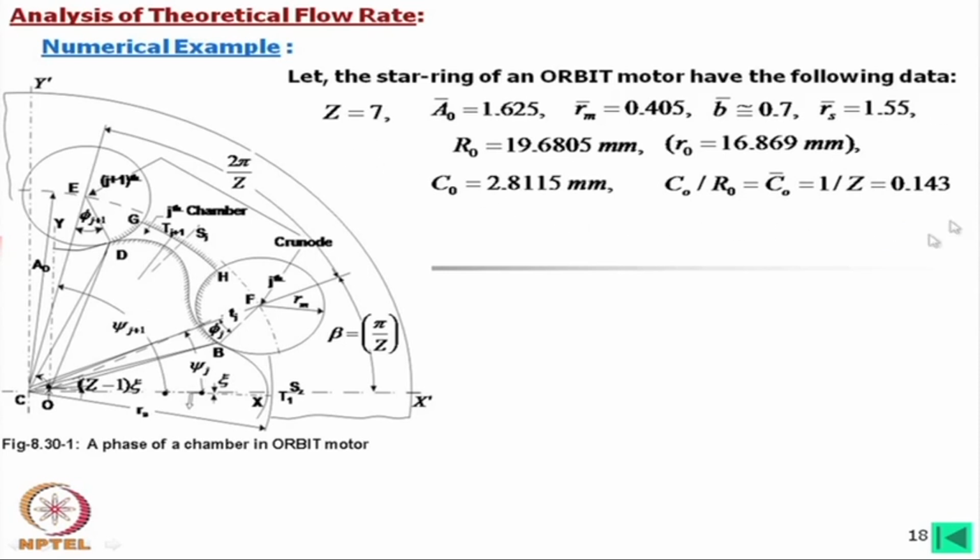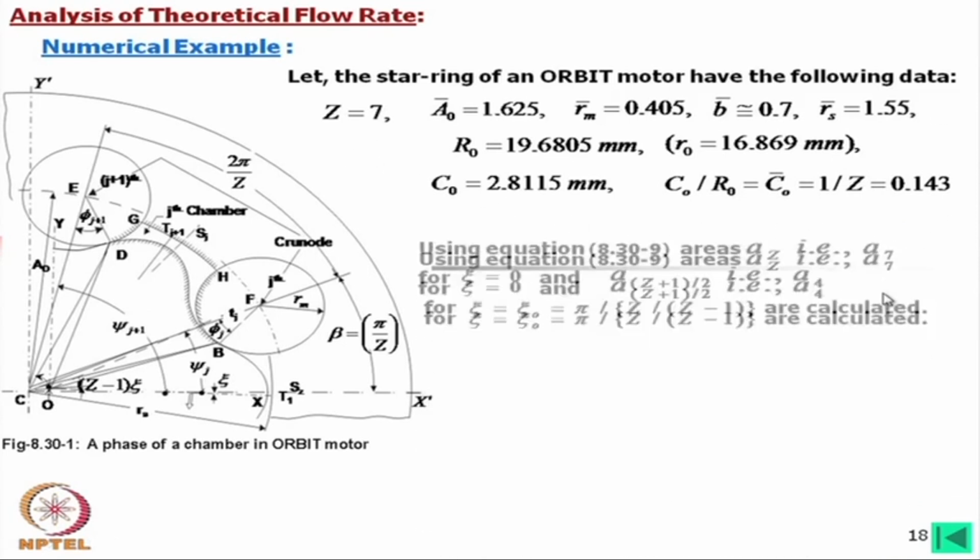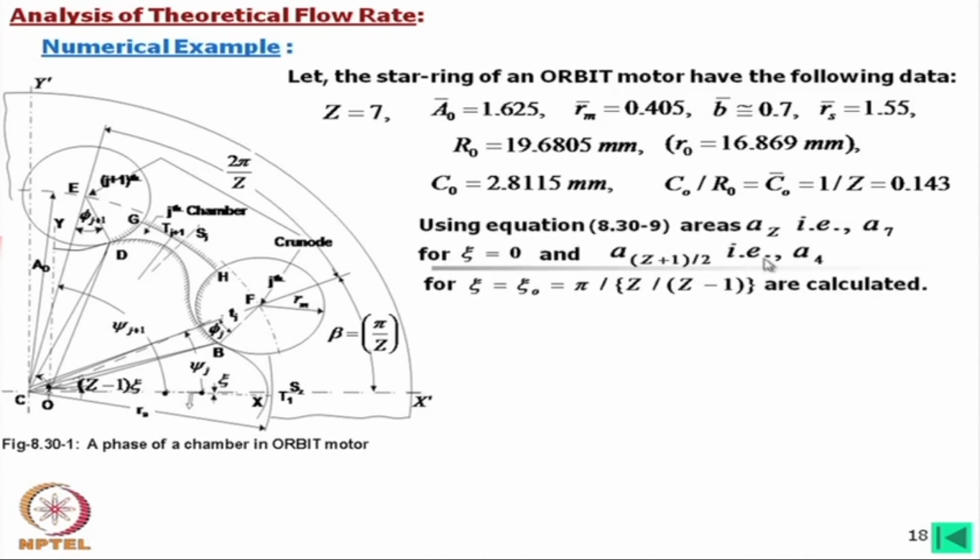Okay. So, with this data, if we calculate this area for the swept volume, we have first calculated A7, and then, I have made a mistake here, this will be minus 1 by 2 the third chamber, and this is A3, and we will get this area.